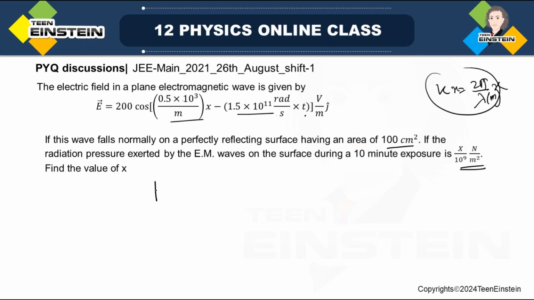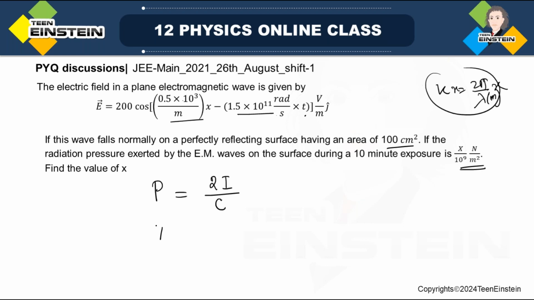The simplest way is to write down the expression for the pressure, electromagnetic radiation pressure exerted by a particular radiation. If the radiation has got intensity I, then I can write the radiation pressure exerted by the radiation is 2I by C. C is the speed of light.